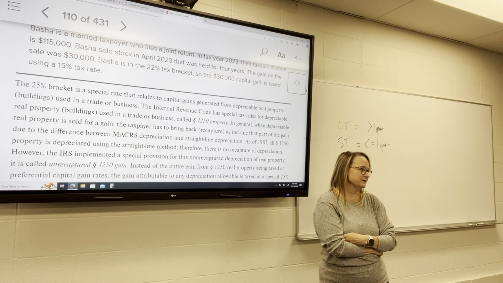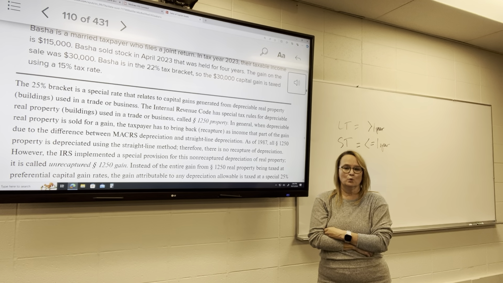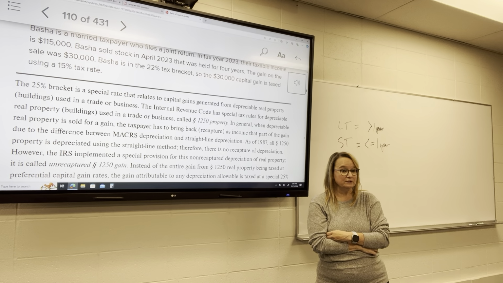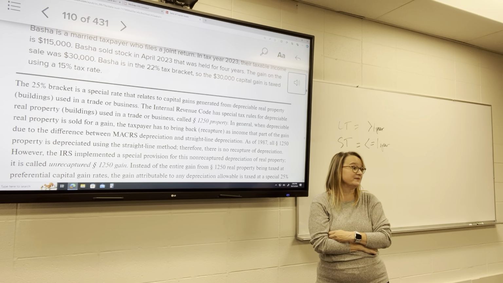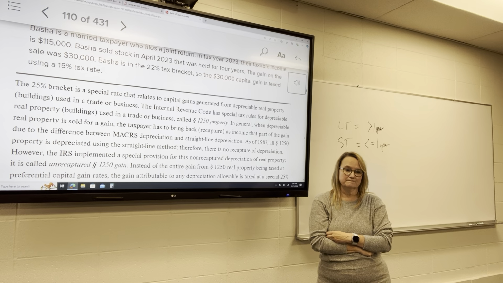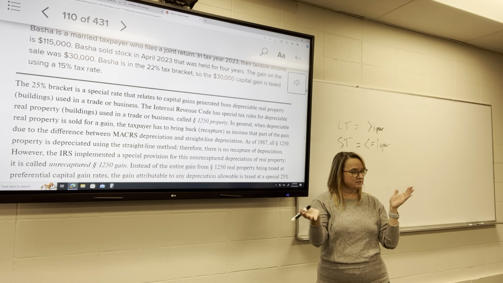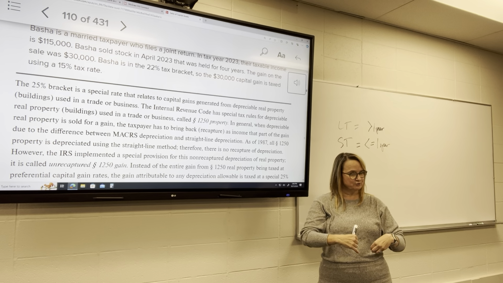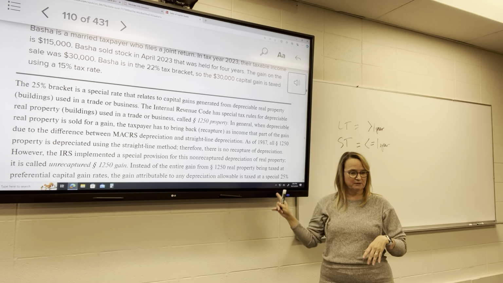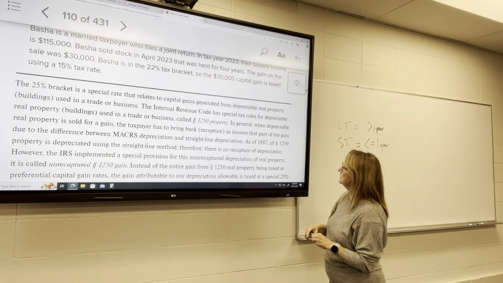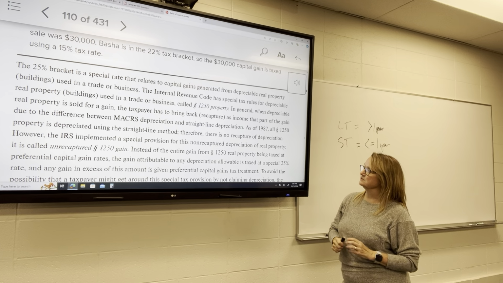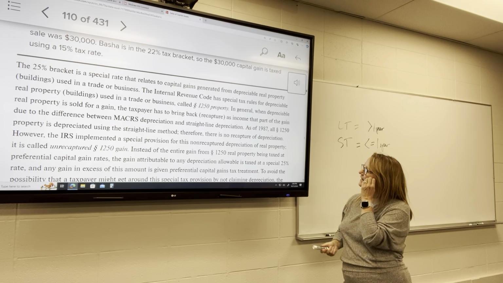Now, there's a problem with this because we don't use MACRS depreciation for real property. We only use straight line depreciation for real property, but that's not the way it used to be. So whatever the difference was between those two was supposed to be recaptured and taxed at this special 25% tax rate. All 1250 property is depreciated using the straight line method. Therefore, there is no recapture of depreciation.